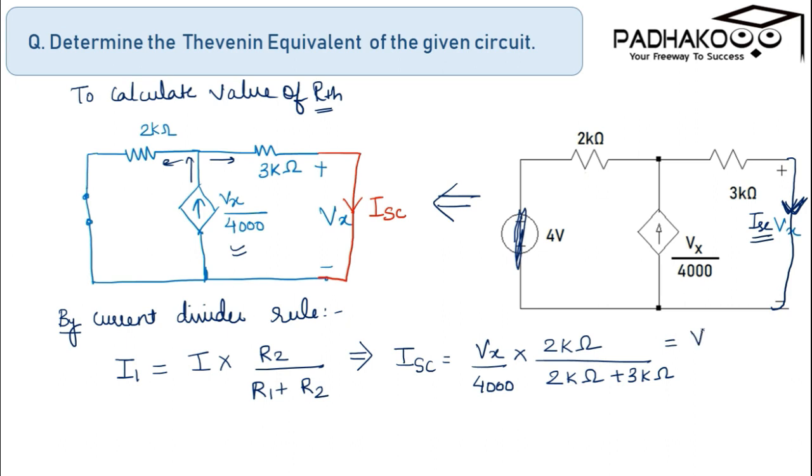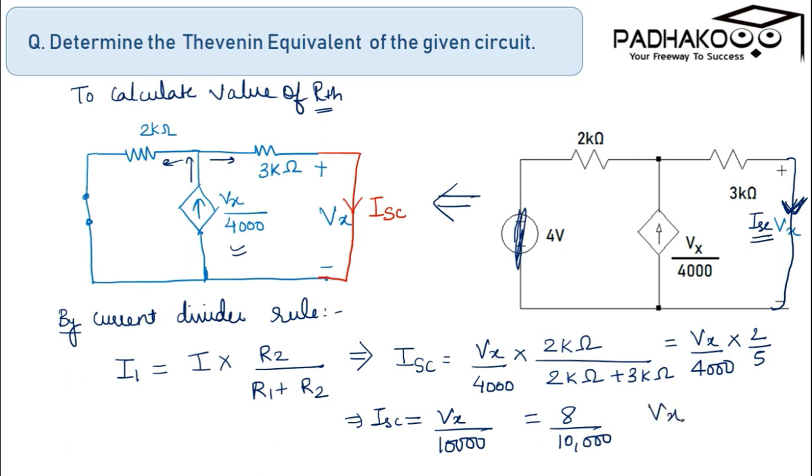From here I get the value of ISC as Vx over 10,000, which is equal to 8 over 10,000, as we know from the previous part that Vx, that is Vth, is 8 volt.